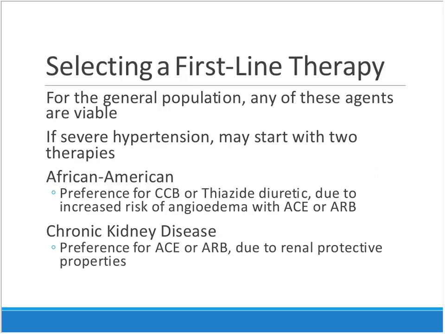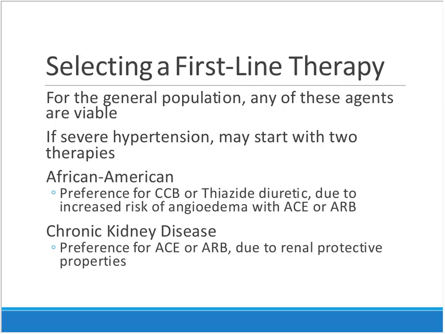So as to selecting first-line therapy, many clinicians are more comfortable with some drugs than others. So I do have some doctors who prefer to start with an ACE inhibitor regardless of any compelling indications to start with something else, or some might like hydrochlorothiazide first.